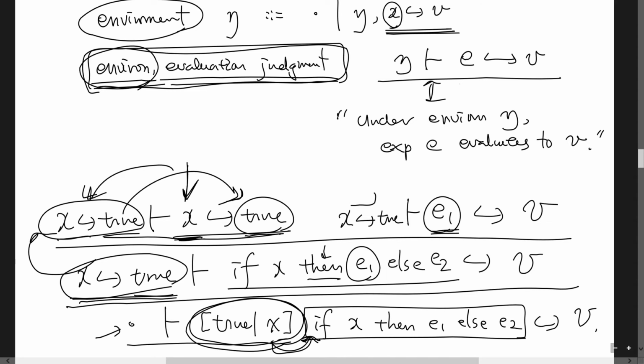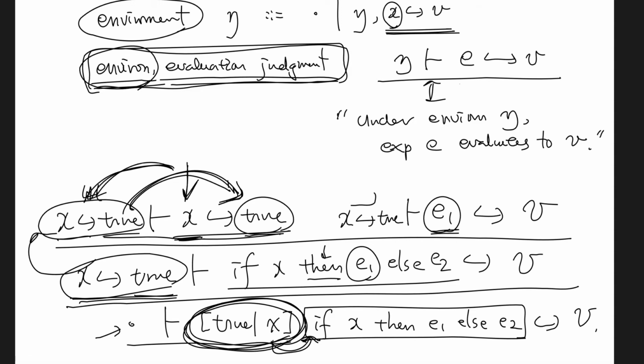In this way, we postpone the substitution, and in some sense, we just replace the substitution with environment lookup. Instead of performing substitution, we just look up the environment. So things are much simpler.